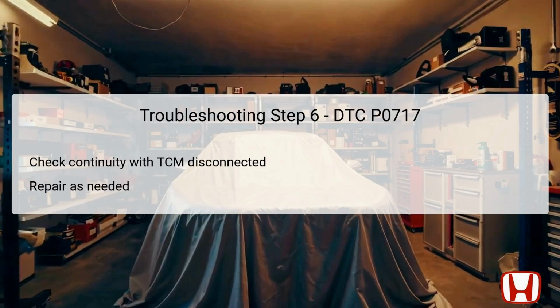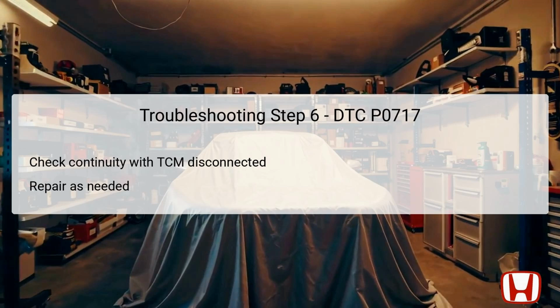In the final troubleshooting step, continuity must be checked between the torque converter turbine speed sensor 3P connector and the TCM 50P connector, both of which need to be disconnected. Test point 1 is the female terminal number 2 of the torque converter turbine speed sensor, and test point 2 is TCM 50P connector number 49. If there is continuity, it suggests that the NT wire is functioning correctly, but further action is required.